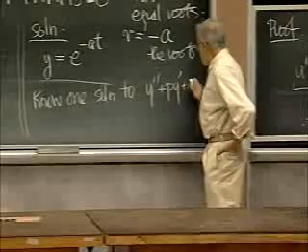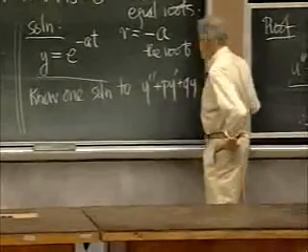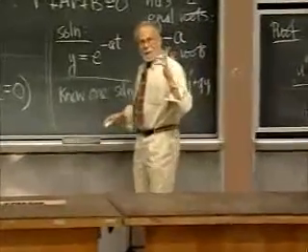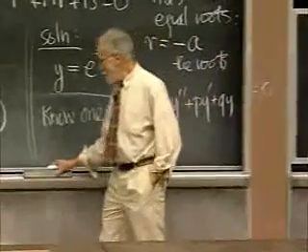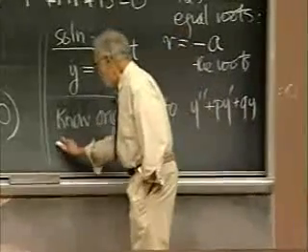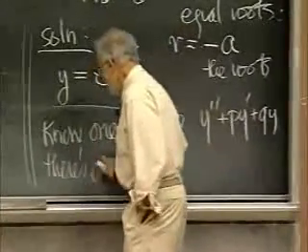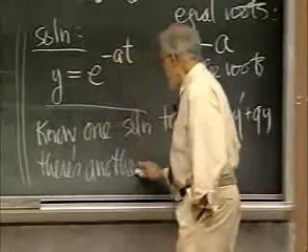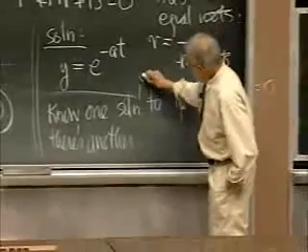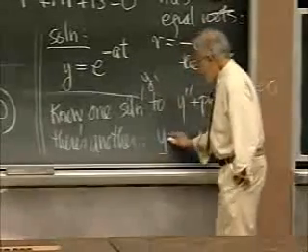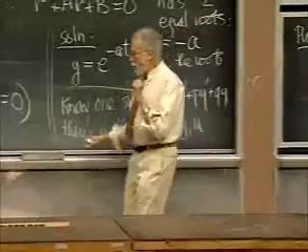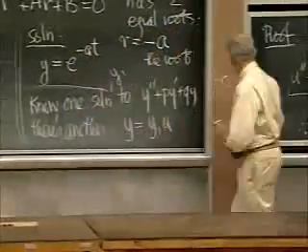If you know one solution, there's an absolute iron guarantee, and you'll know that it's true because I'm asking you to prove it for yourself. There's another solution of the form having this as a factor. One solution, y1, let's call it. Y equals y1 times u is another solution, and you will be able to find u, I swear.